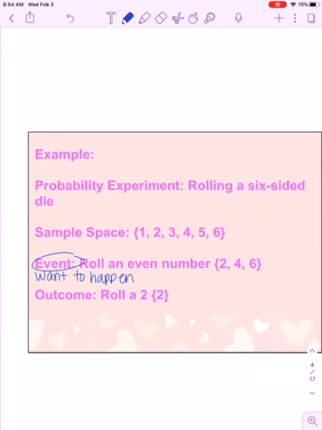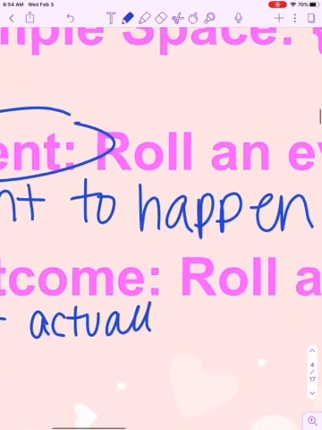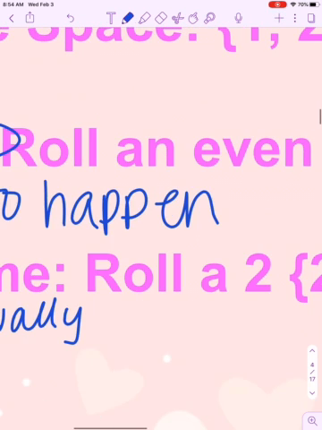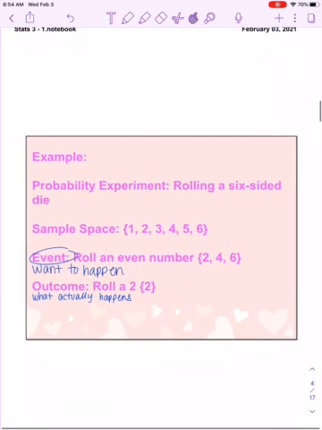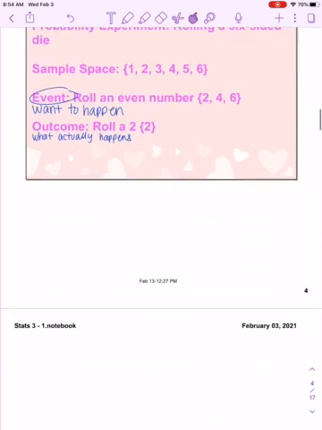And then the outcome is what actually happens. So the event, again, what you want to happen, like rolling an even number, would be a 2, a 4, or a 6. And then the outcome, you actually roll the die and see what happens, and you rolled a 2.